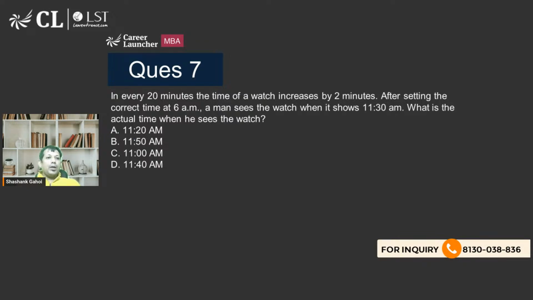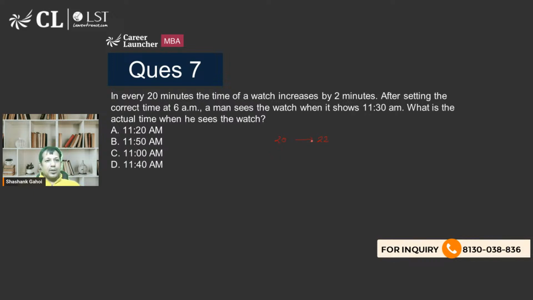Okay. In every 20 minutes, the time of a watch increases by 2 minutes. Okay. After seeing the correct time at 6 a.m., a man sees the watch when it shows 11:30. What is the actual time? So in 20 minutes, the watch covers 22 minutes.